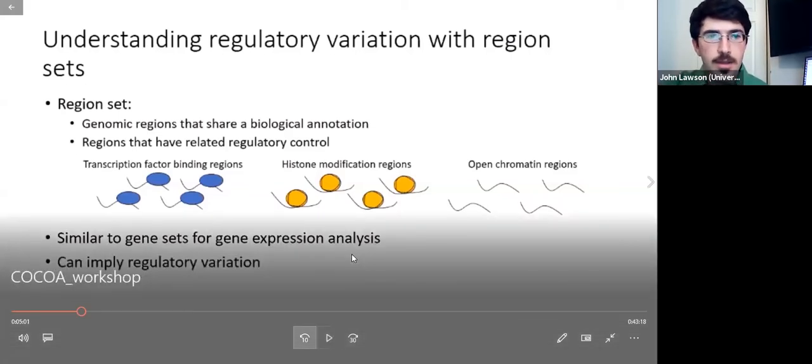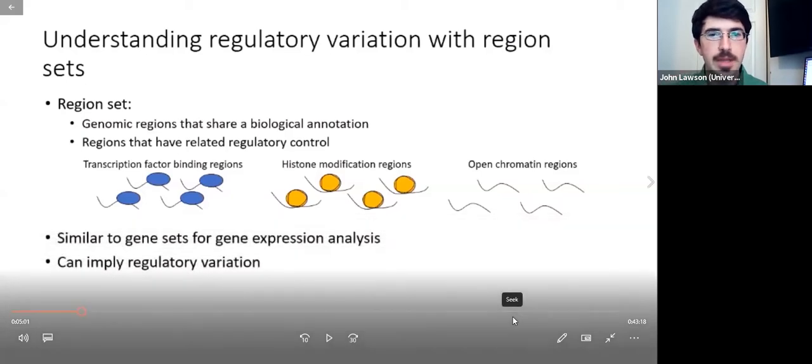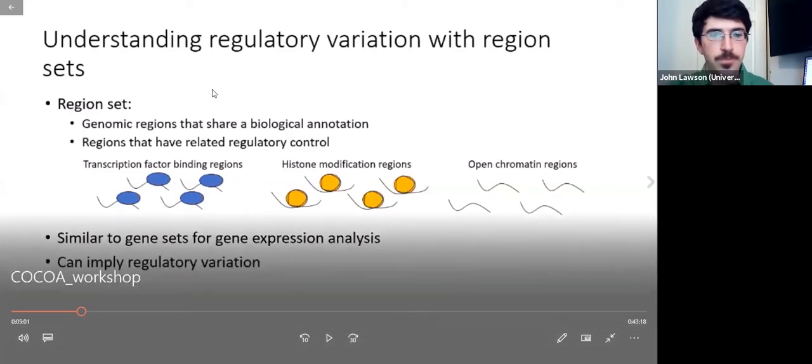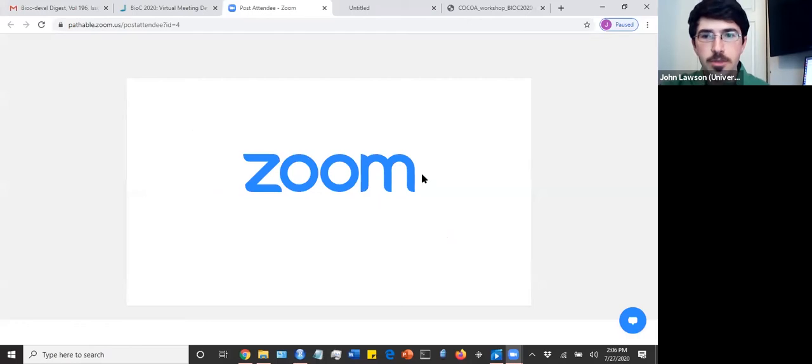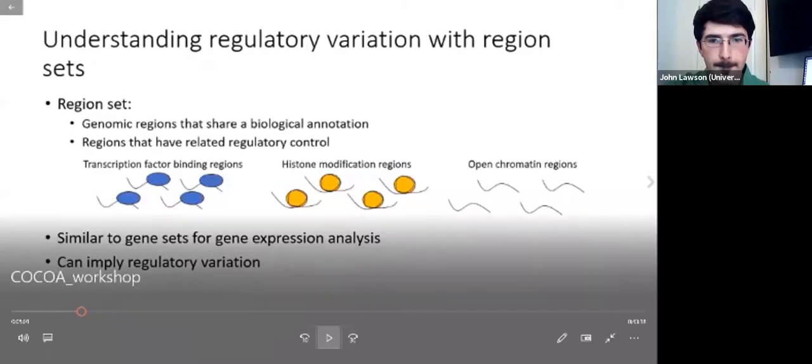So just a quick aside, these are often ChIP-seq data sets, such as the transcription factor binding and the histone modification region sets. And we can actually find a lot of those publicly available on GEO or similar sources. So that's something we're going to cover later in the lesson, just how you can find those, how you can get access to publicly available region sets to use for your analysis.